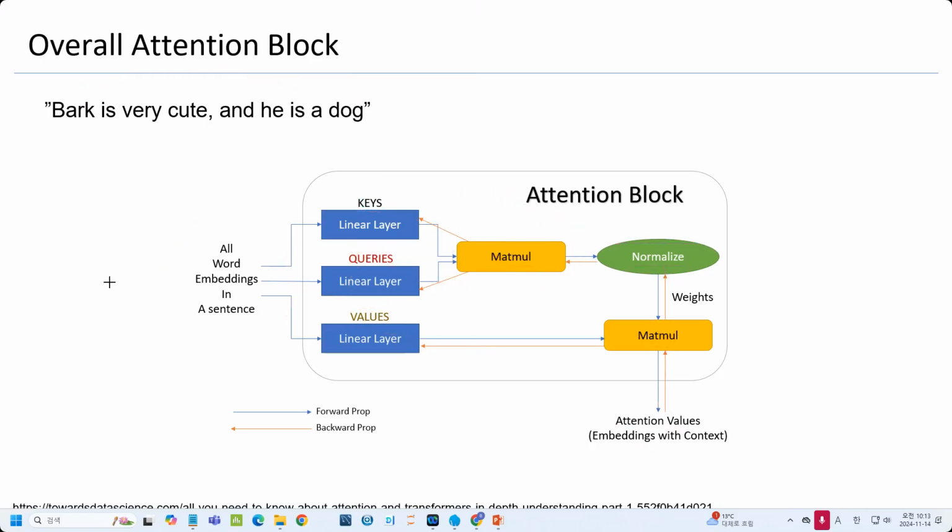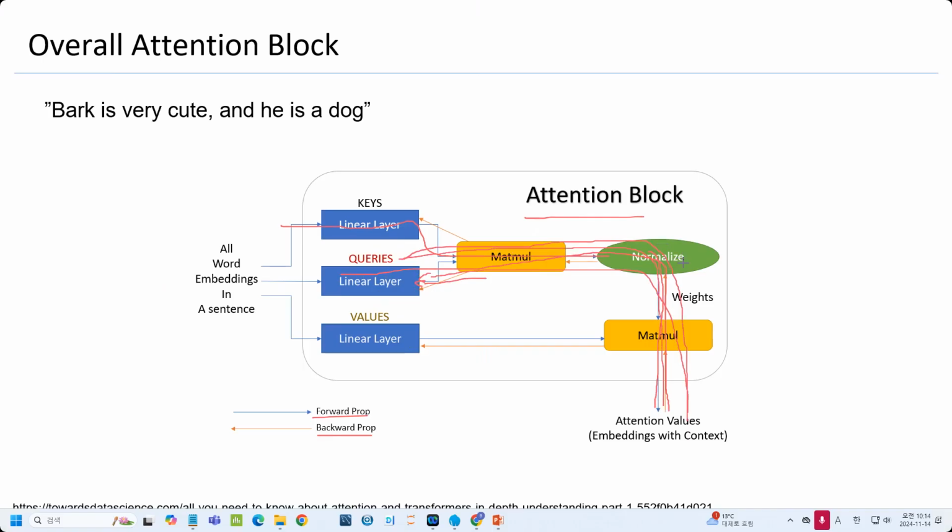In more complicated settings in the attention block, we do forward propagation and backward propagation. If you already know neural networks, forward propagation means we do the calculation and then check the error. So we return back, and again we iterate until the weight is converged.